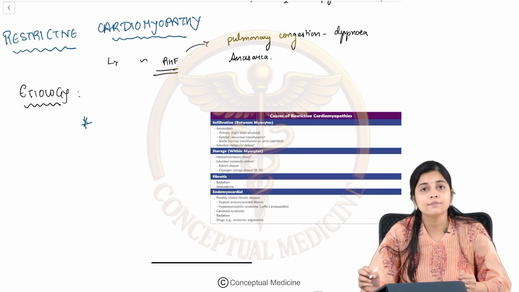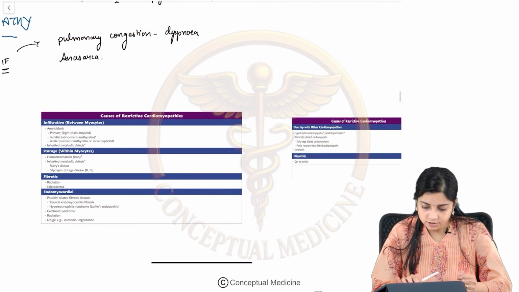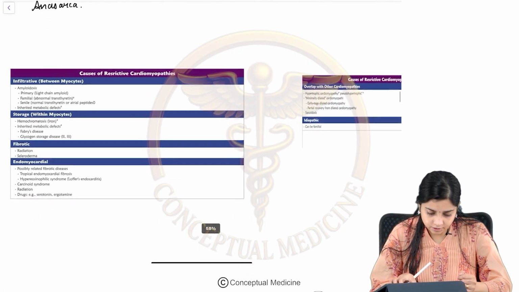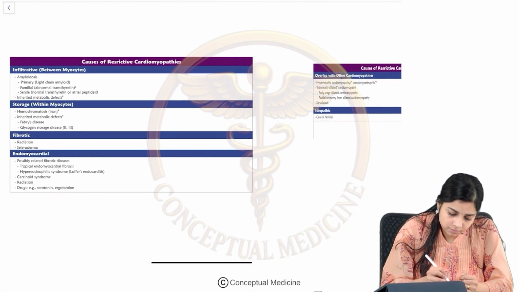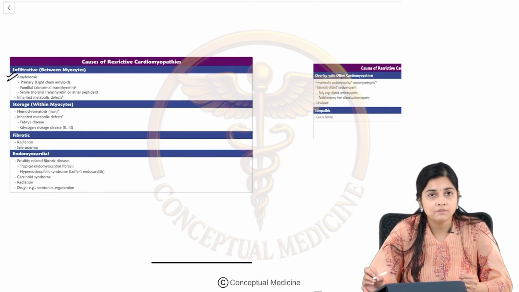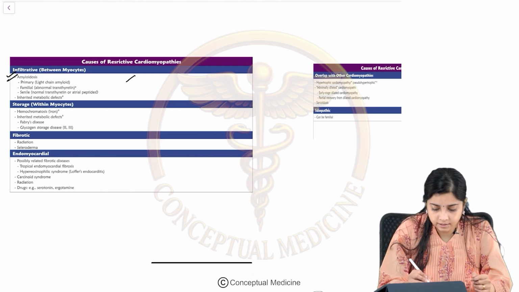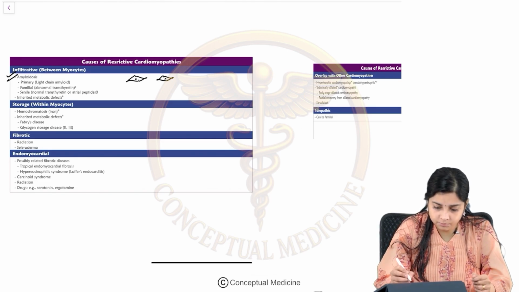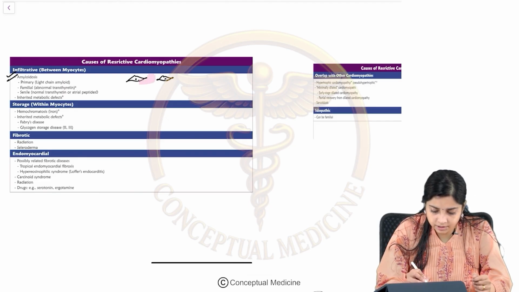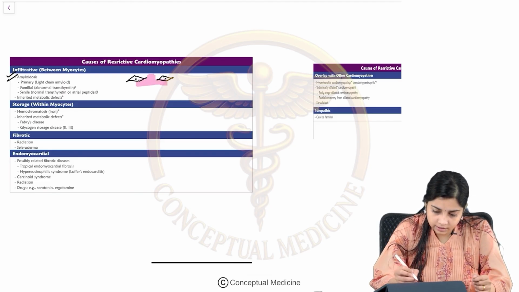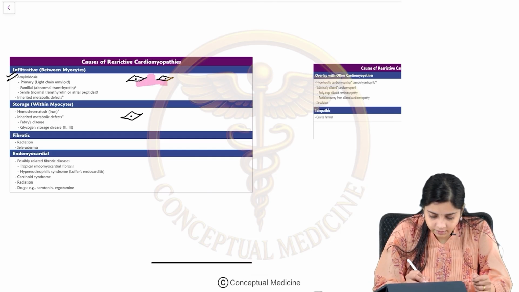Fine. Now let us look into the etiology of restrictive cardiomyopathies. So most importantly, we have the infiltrative etiologies. The infiltration can happen between two myocytes, right? So infiltration can be here, or the infiltration can happen within the myocytes itself.